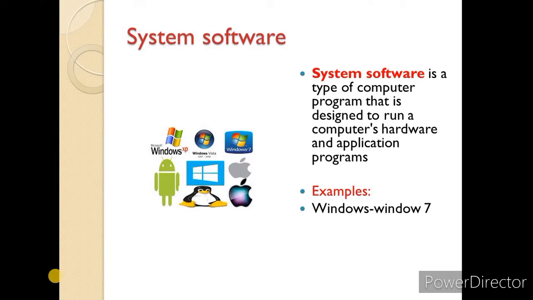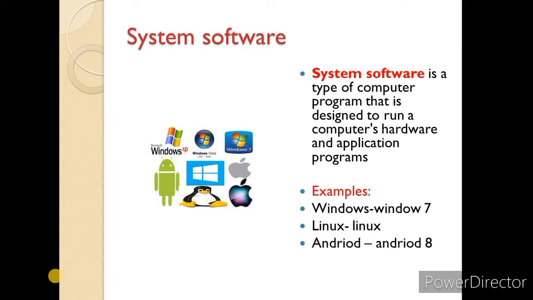We have Windows 10, which is the latest version. We have Windows 8, Windows XP, Windows Vista. All these are examples of Windows. We also have Linux. Linux is also a system software that runs our computer hardware.